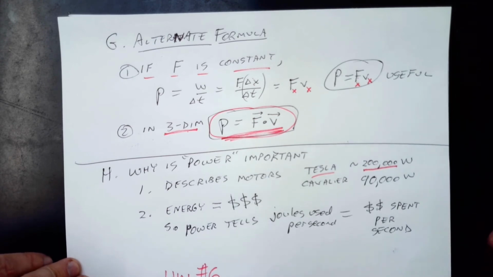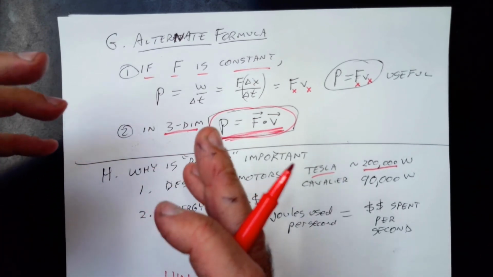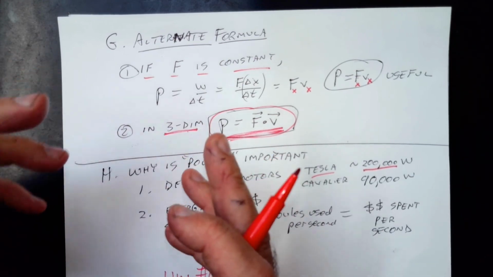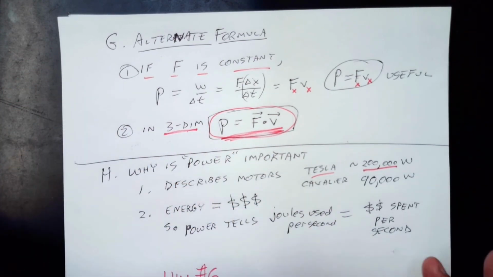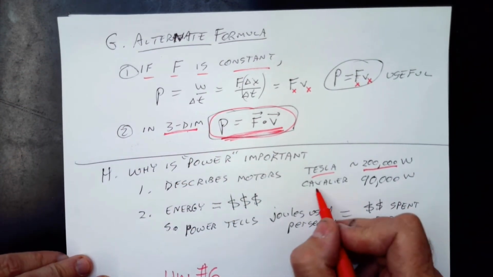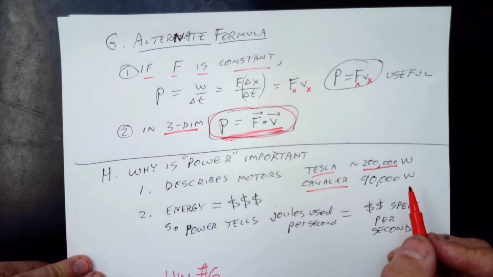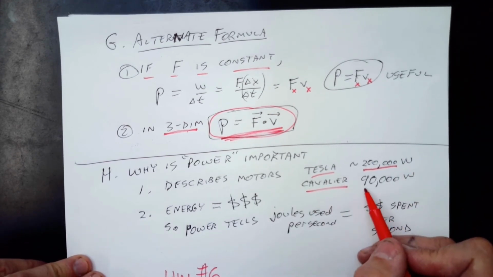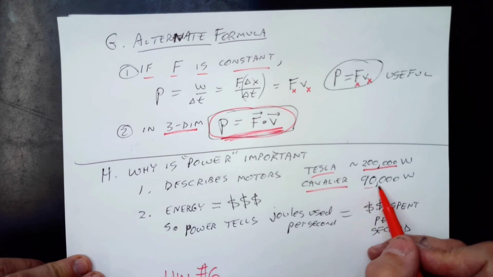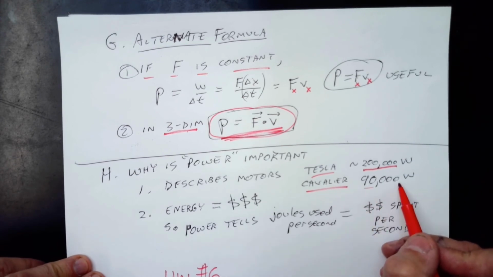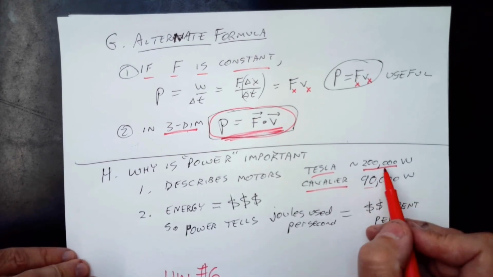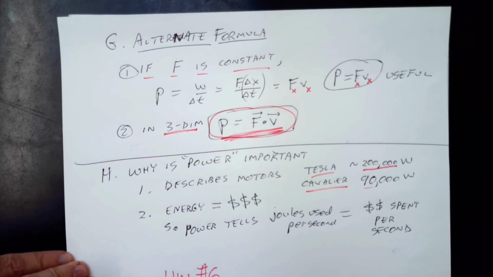When we're accelerating, every second it's changing 200,000 joules of electrical energy in the battery into kinetic energy in the car. My old Cavalier from 1996, however, has a more anemic power rating of about 90,000 watts, so less than half of the power of the Tesla Model 3 long range.